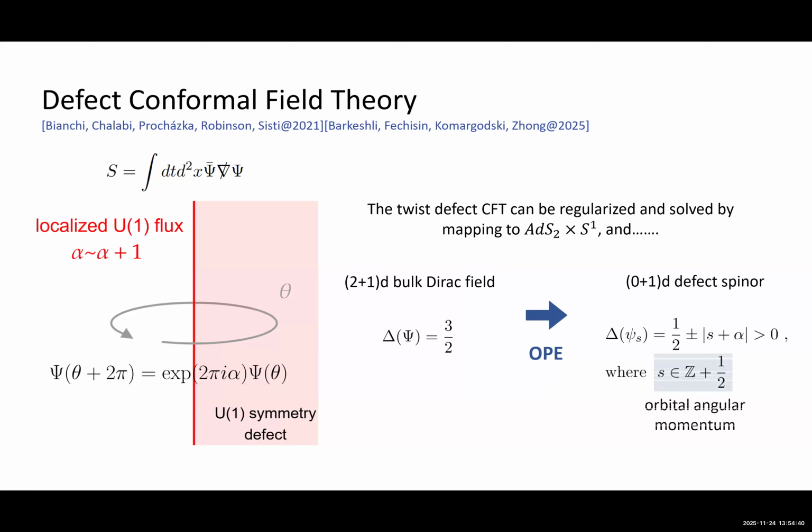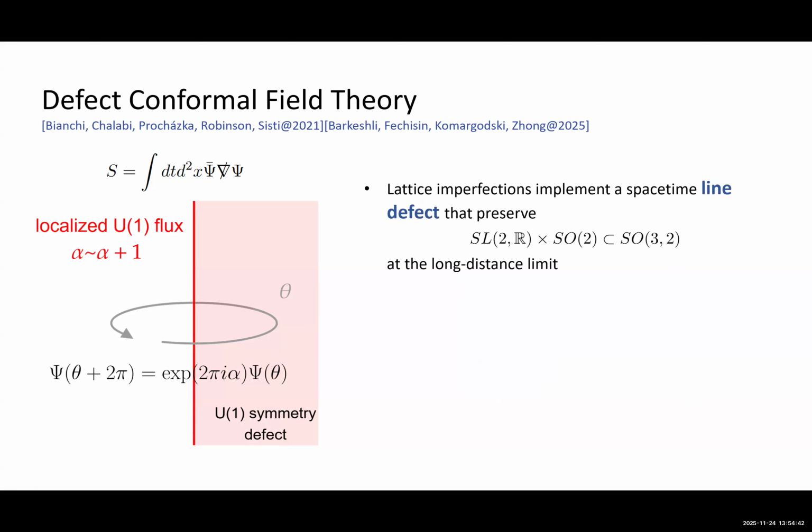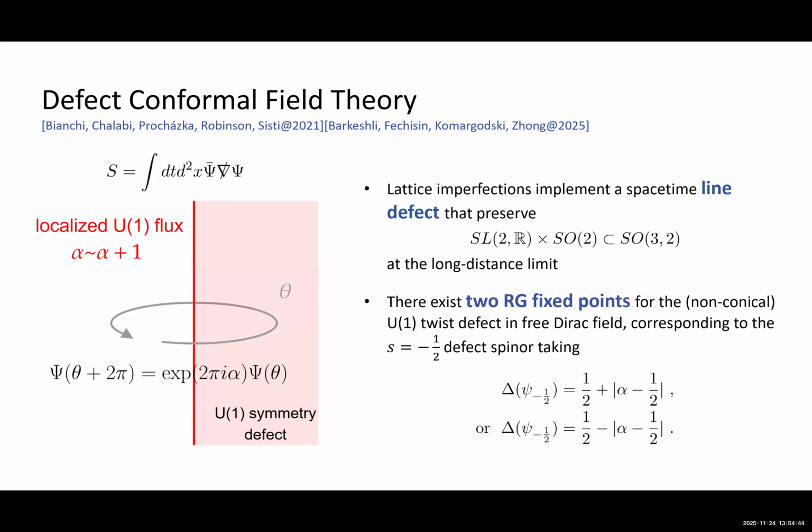Okay, so we were saying that there are two different possible fixed points of the twist defect. One of them is multi-critical and one of them is IR stable, and there is a specific perturbation that you can turn on that takes you from the multi-critical one to the IR stable one.